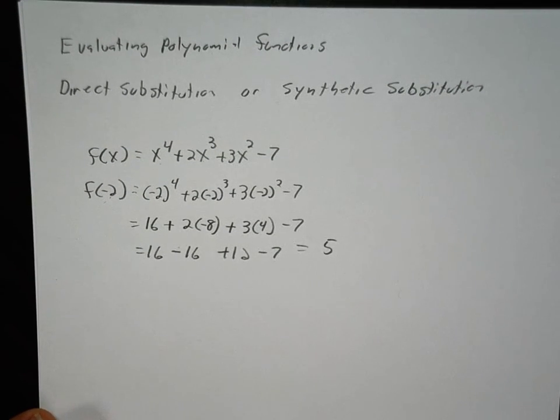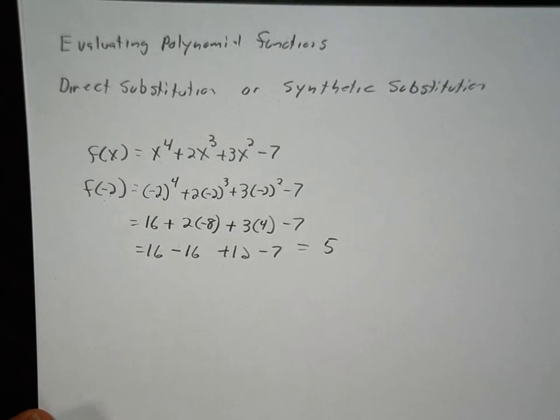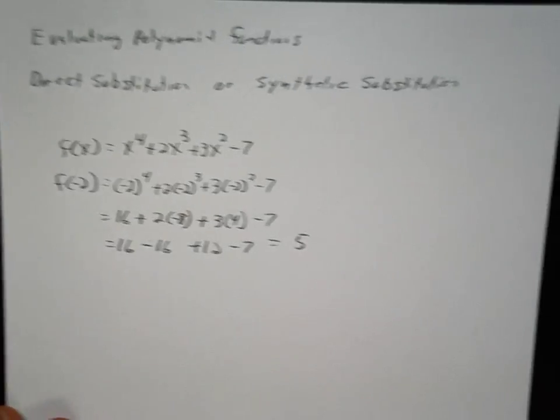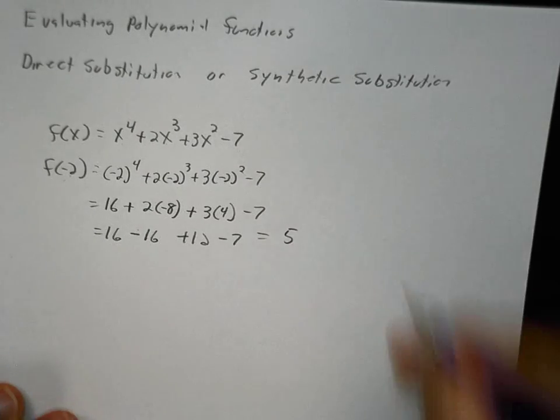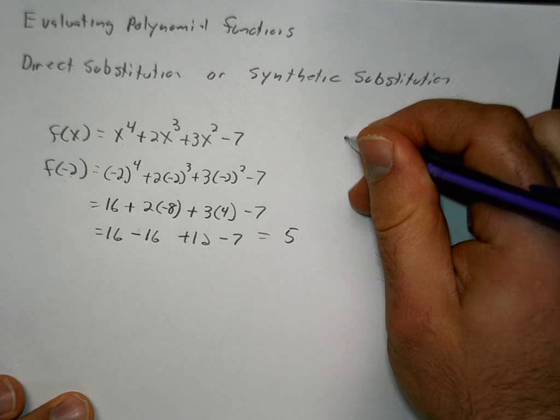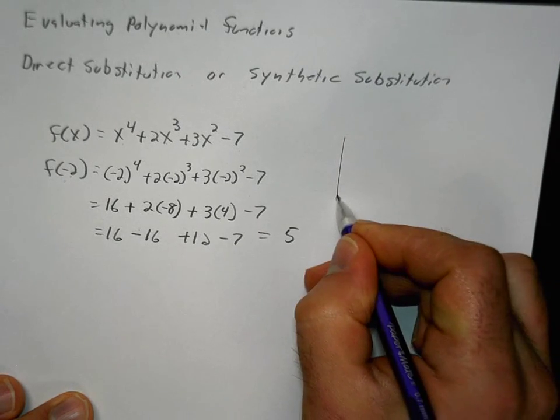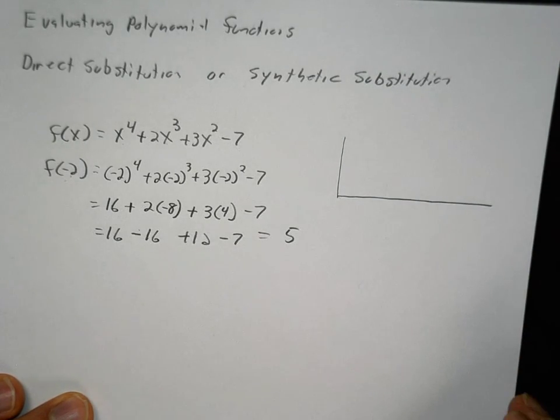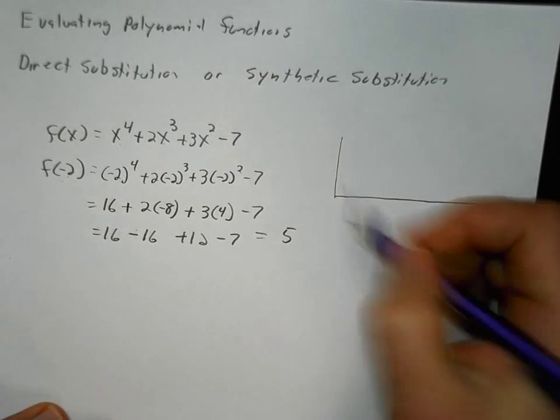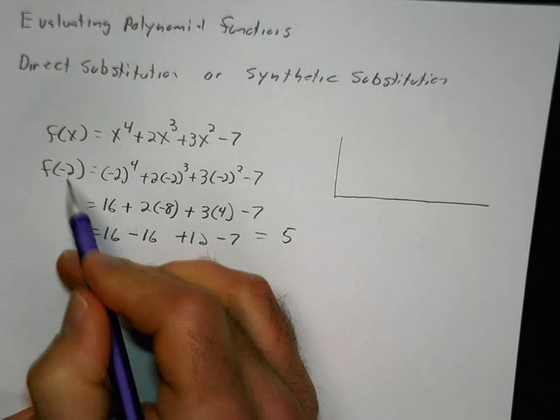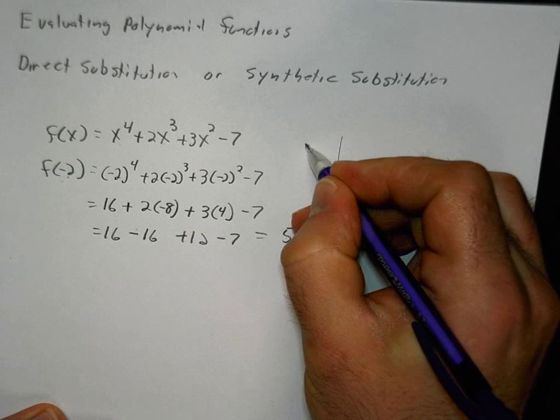Okay, that's direct substitution. Now synthetic substitution is a little bit unique. What we're going to do here is draw a little half of a rectangle there. We're going to put the number that we're substituting in on the outside here.